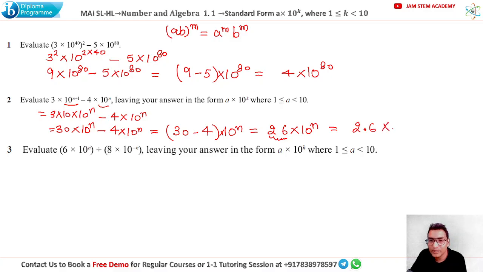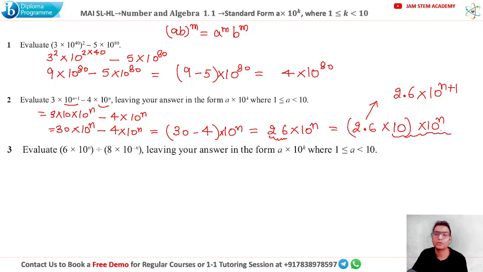So 26 can be rewritten as 2.6 times 10. Now the final answer is going to be 2.6 times 10 raised to the n plus 1. Powers get added: 10 times 10 raised to the power n. Bases are same, powers get added up.